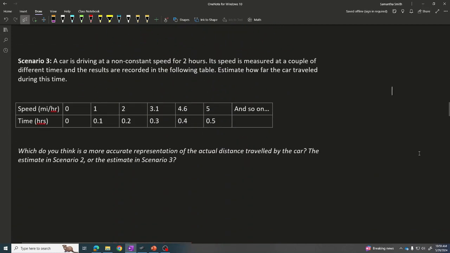You could say, I'm going to assume that the car's speed in these first 6 minutes was constant at 1 mile per hour, that the car's speed between 6 and 12 minutes was constant at 2 miles per hour, and that the car's speed between 12 minutes and 18 minutes was constant at 3.1 miles per hour.